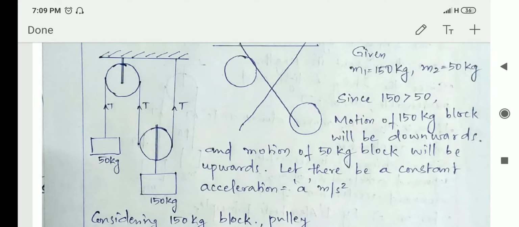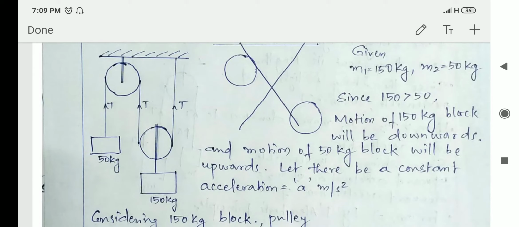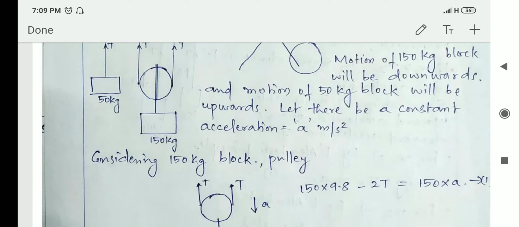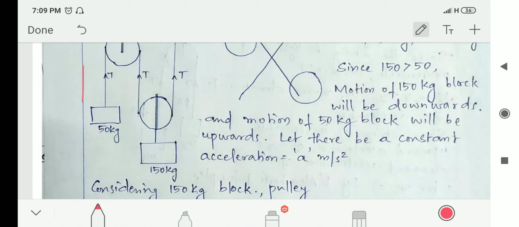Okay, so we have known the directions of motion. In the figure itself we can mark the direction of motion, which is towards the downward side. And now the next step would be finding out the acceleration. Suppose the 150 kilogram block is moving down with an acceleration of small letter a.